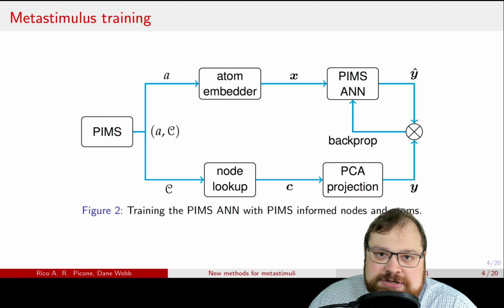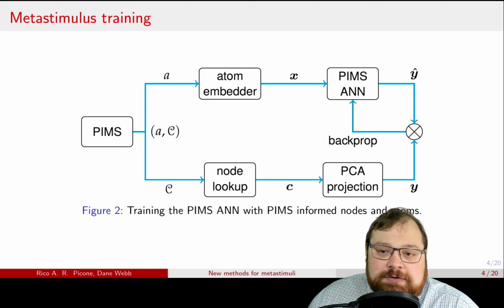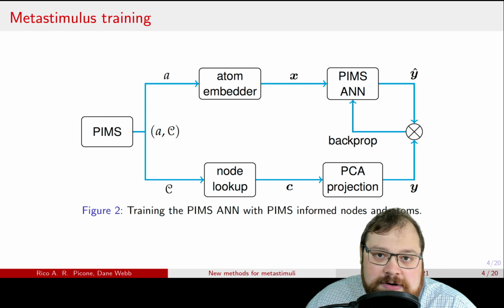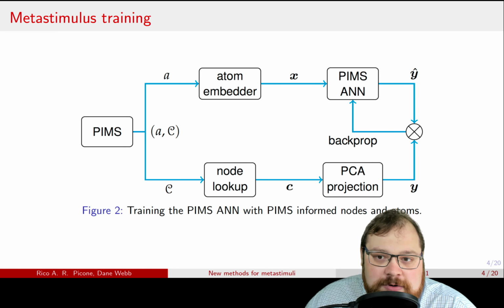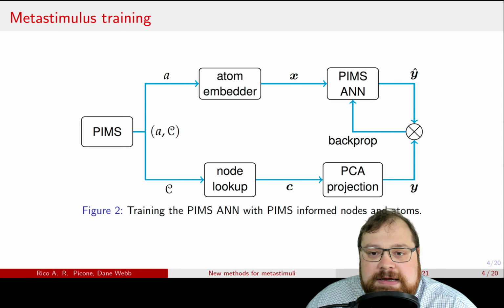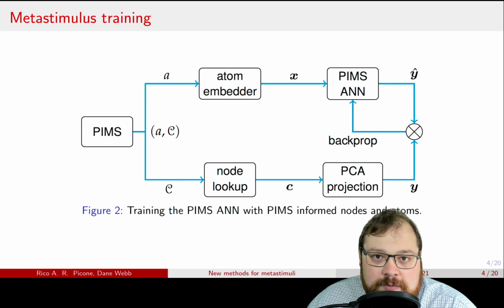And the PCA projection outputs y, which is the actual node vector, which we are training the PIMS artificial neural network to map the atom embeddings x to. The PIMS artificial neural network output or prediction y hat is compared with the actual for the atom and its set of categories. And any differences are then used to train and modify the PIMS artificial neural network weights.